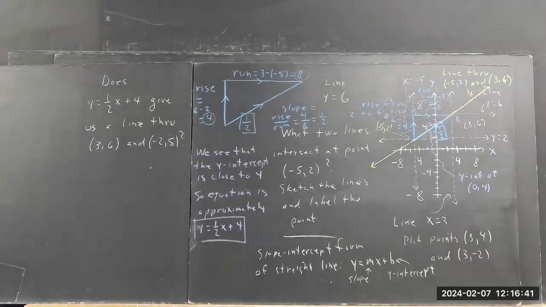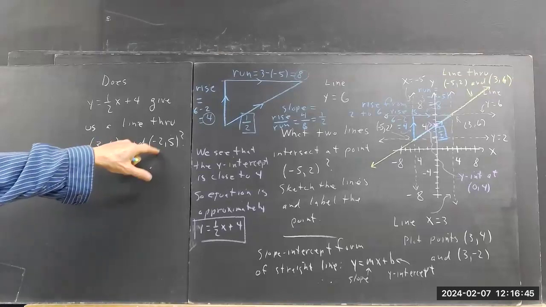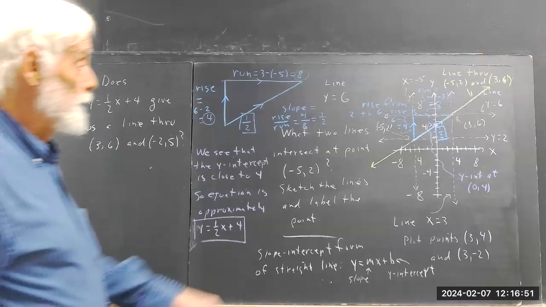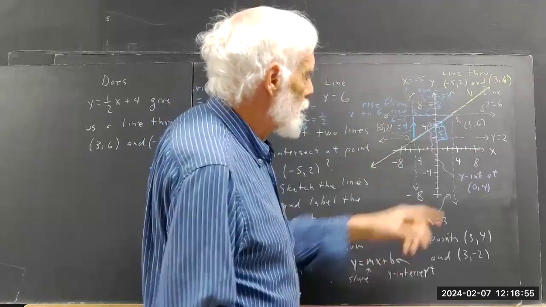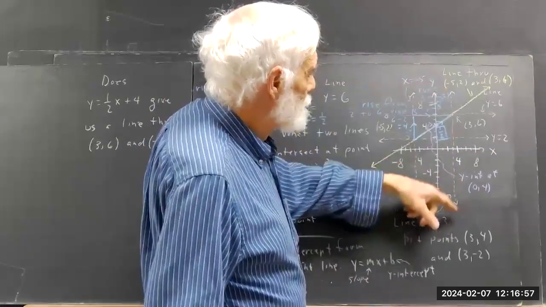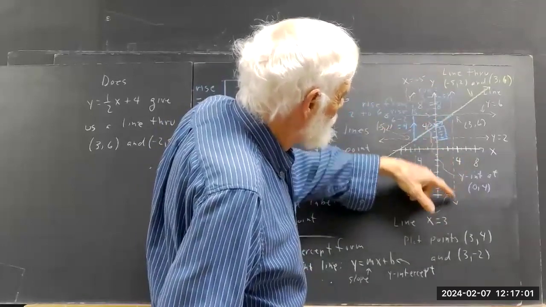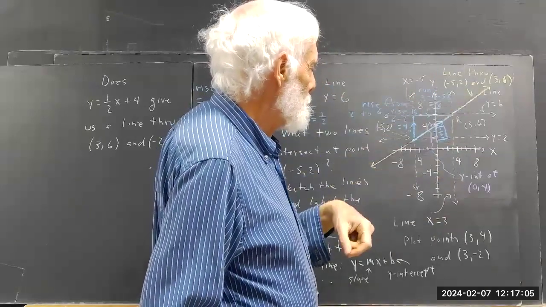Okay. Does this equation give us a line through 3, 6 and -2, 5? Turns out it won't, because we're basing this y-intercept on our graph. Notice one thing, my vertical line here through x equals 4 is pretty vertical here, but it kind of cheats in this direction over here.